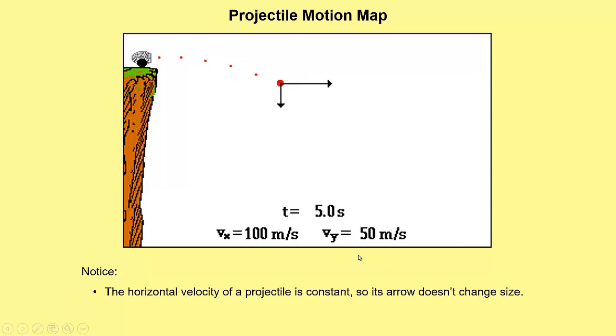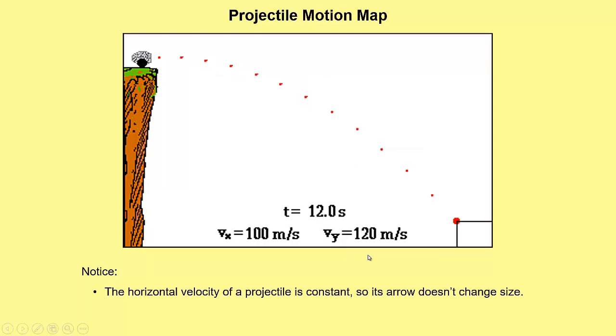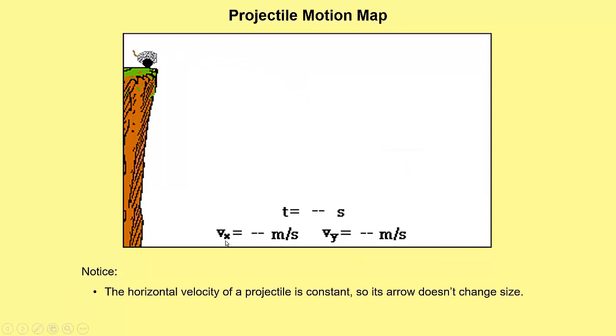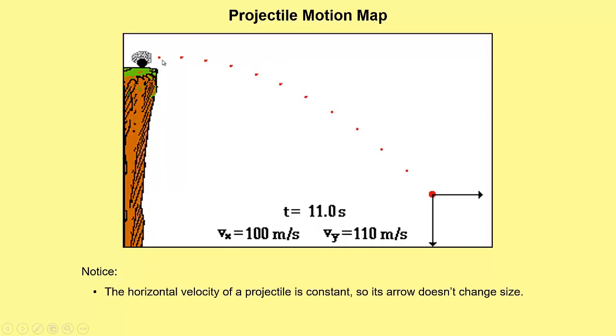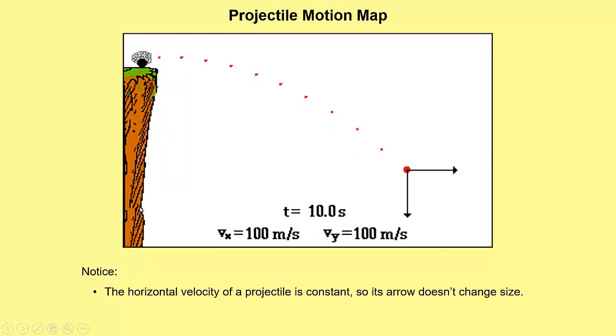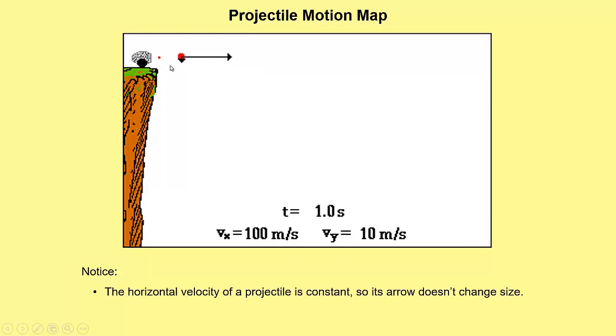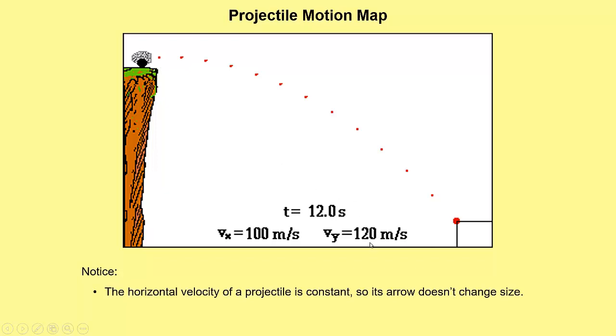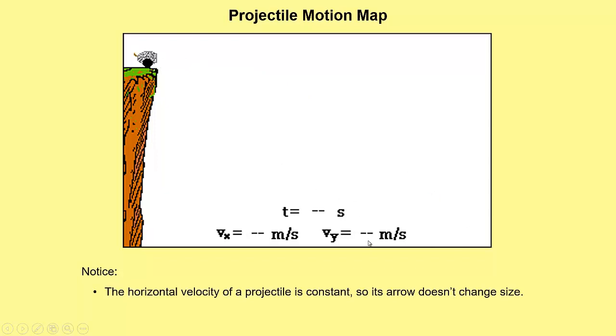By the way, one special thing. The initial velocity, when it comes out of the cannon, is completely horizontal, because the cannon is pointing horizontally. So what is the initial vertical velocity? Do you see how at the first dot there is none? Down here too, it says 0.